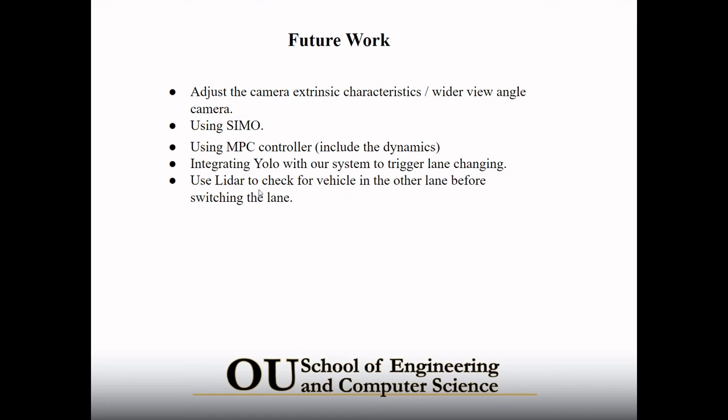Or the next step is to add an improvement for the car by using an MPC, model predictive controller, because that will help us include all the dynamics rather than stay limited. What I mean by that is when we are trying to change the speed right now, we need a new control system because we did not include the dynamics of the system.